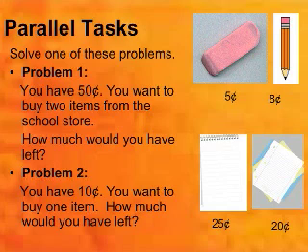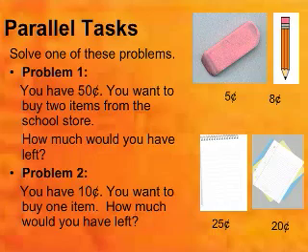And what we've said for one of the choices is that you have 50 cents. You're going to buy 2 items from this school store, and you want to know how much you would have left after you paid for those items. And for the other children, you're going to tell them to buy 1 item with 10 cents. So what you can clearly see is that both of them are working in the store, both of them are buying items.